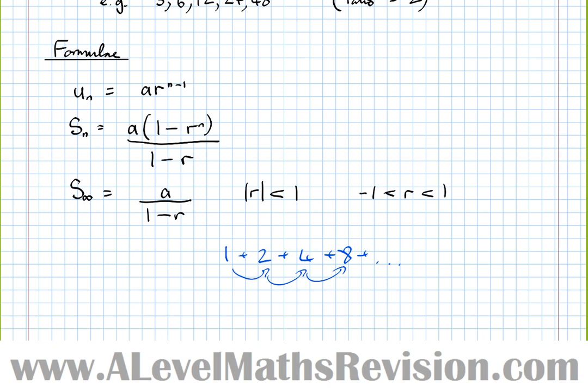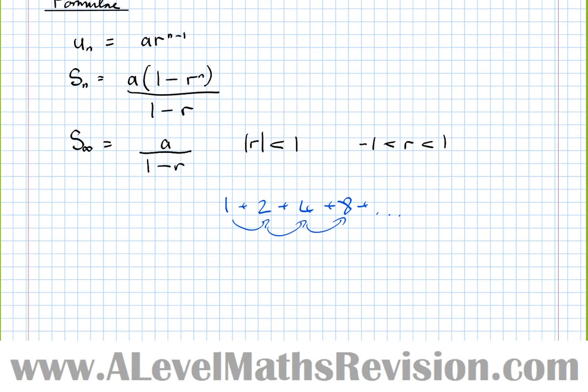Therefore, the answer isn't going to settle to a constant value. Whereas if I had a ratio of a half, let's say 1 plus a half plus a quarter plus an eighth plus a 16th, the numbers are getting smaller and smaller. Eventually, we're going to be adding something close to 0 on. So it's going to settle to a constant value.